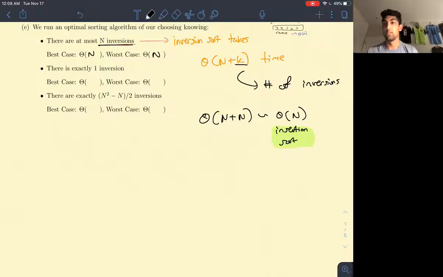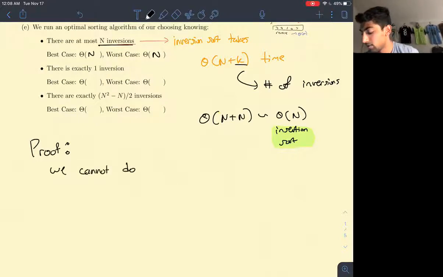Okay, so I'm going to prove that we cannot do better than theta of n best case.